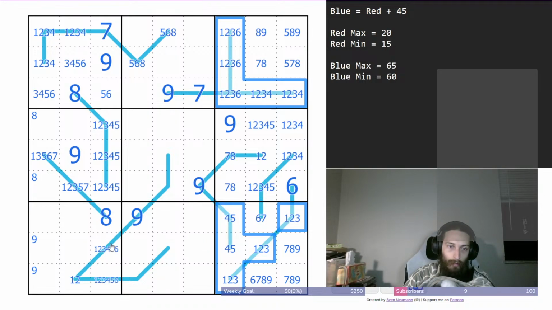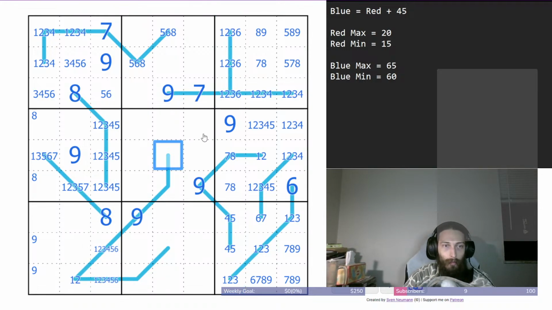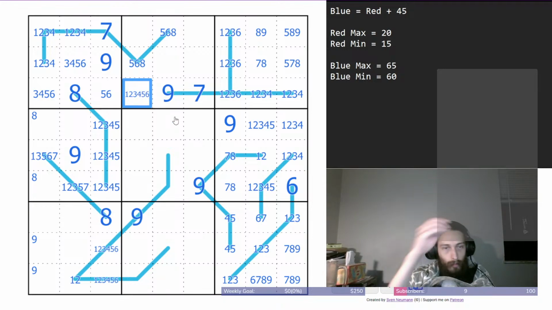Which led to box 4, which led to column 3, and then the bottom of column 2. But sometimes you have to look at the wrong thing first. This is 1 through 6.